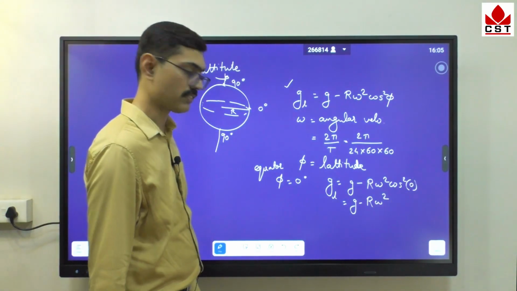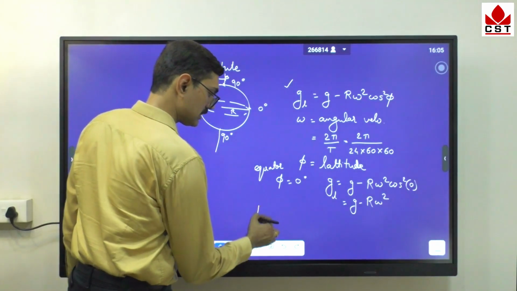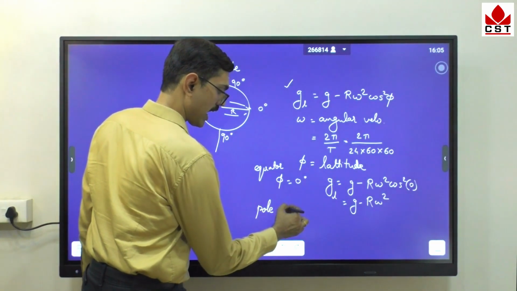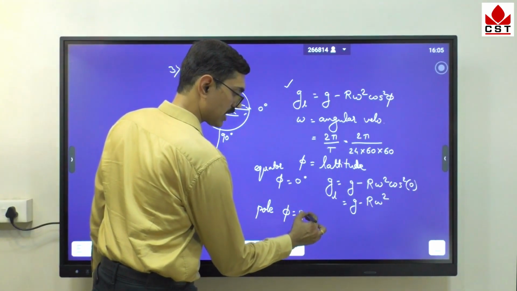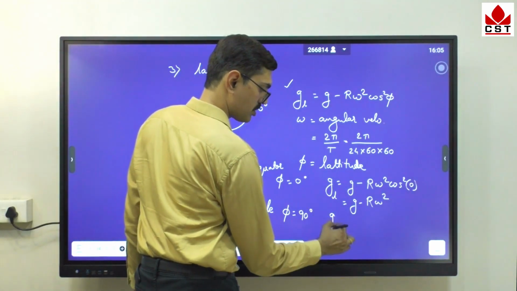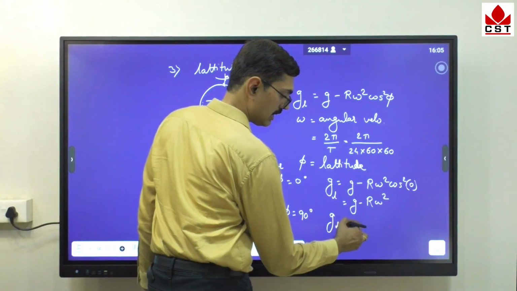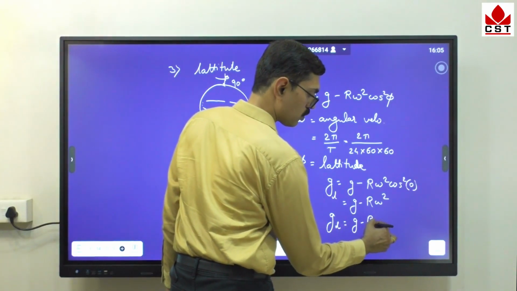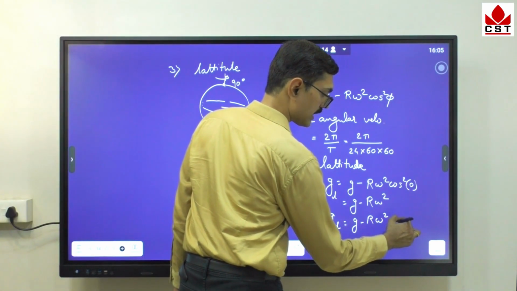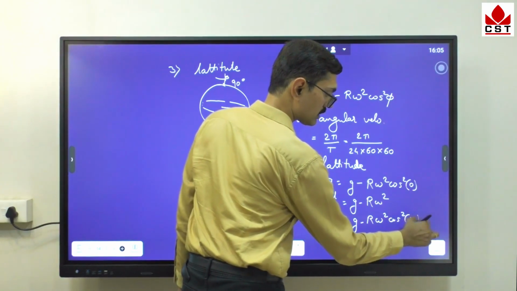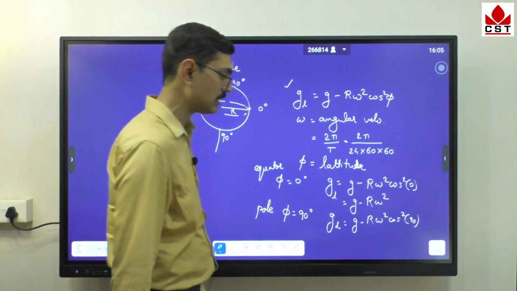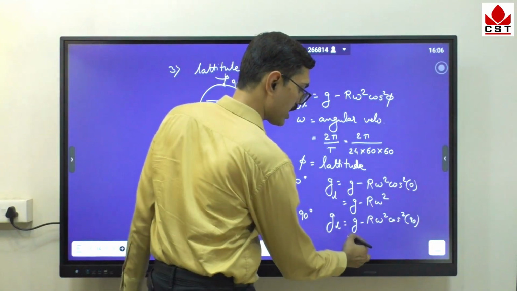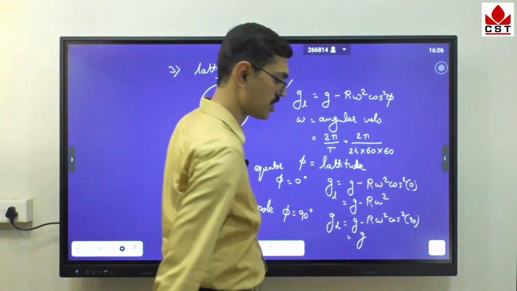And the final formula is for the pole. At the pole phi is equal to 90 degree. Therefore g at L is equal to g minus r omega square cos square 90. What is cos square 90? Cos 90 is 0, so cos square 90 is again 0, and the second term gets cancelled out and we are getting the value small g.